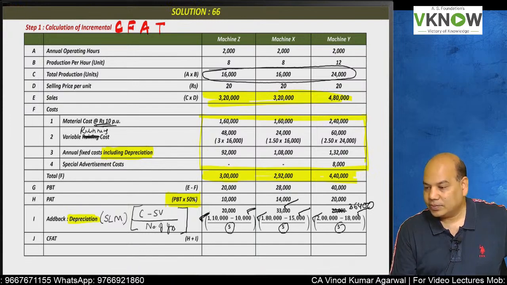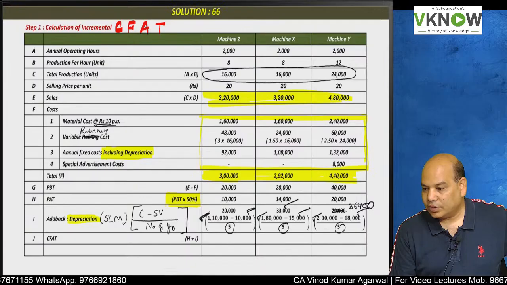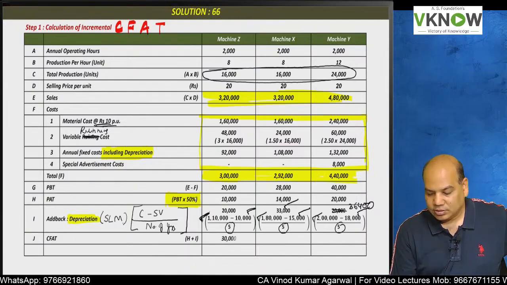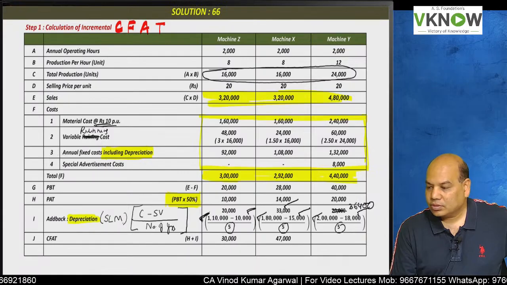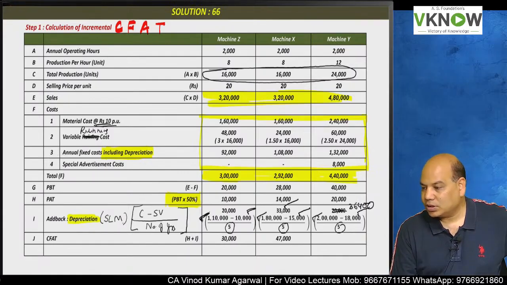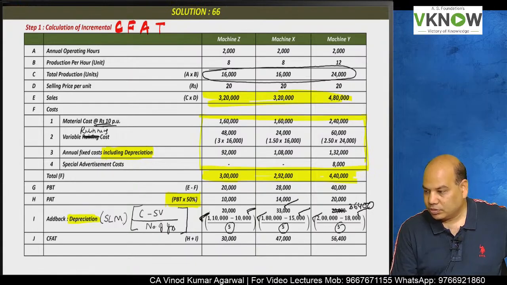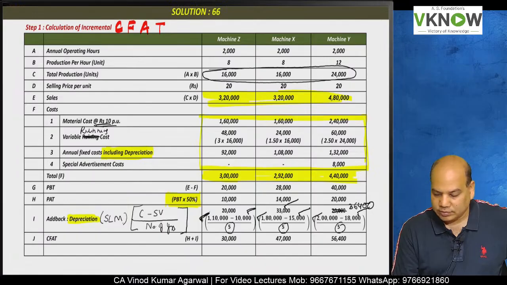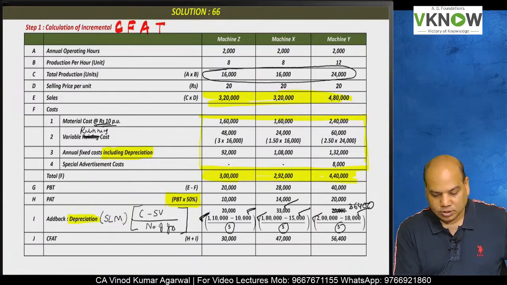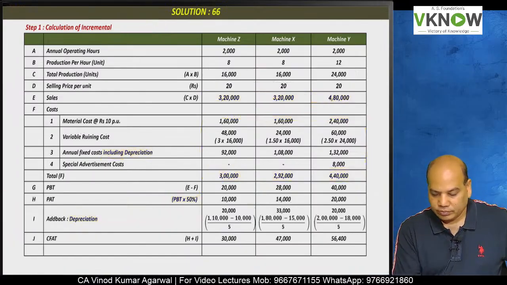Add CFAT, H plus I. 10 plus 20, 30,000. 14 plus 33, 47,000. 20,000 plus 36,400, 56,400. Now I hope all of you have noted.